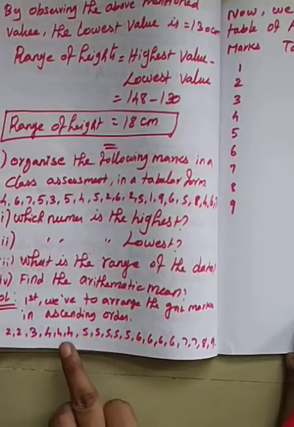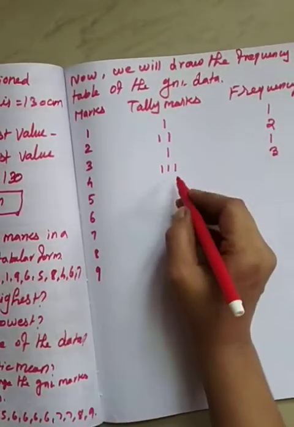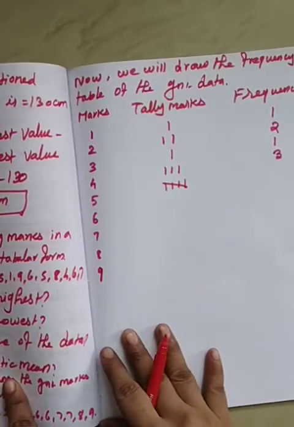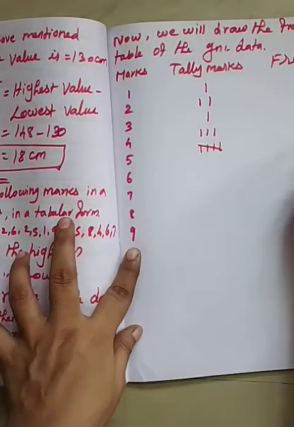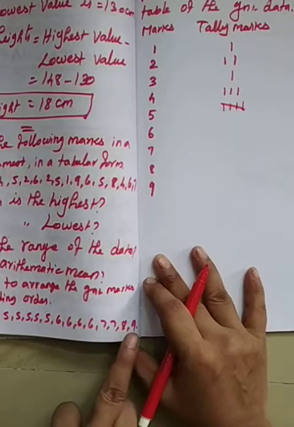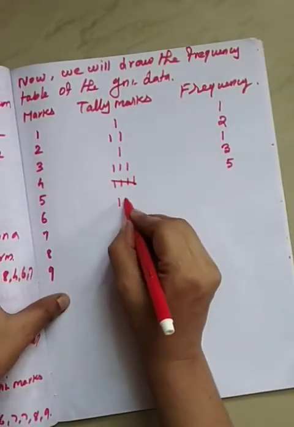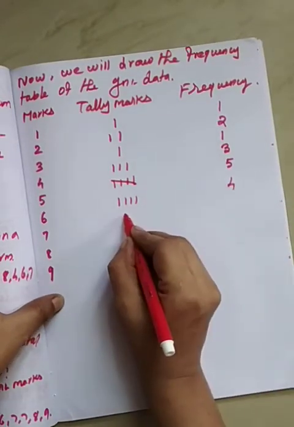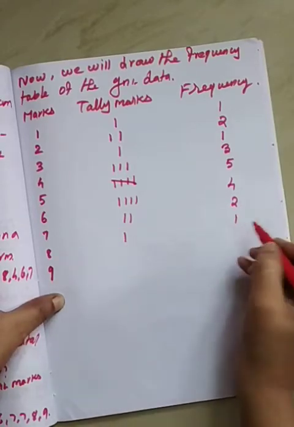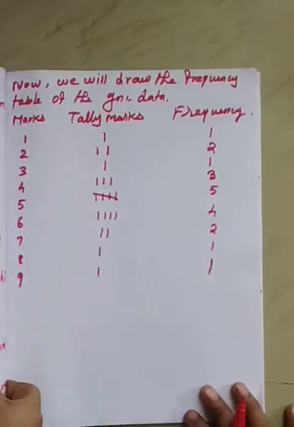And then 5, 5 times, 1 2 3 4 5. Clear? Next frequency 5. Then 6, 4 times, frequency 4; 7, 2 times, frequency 2; 8, 1 time, 1; 9, 1 time, 1. Everybody clear the table?